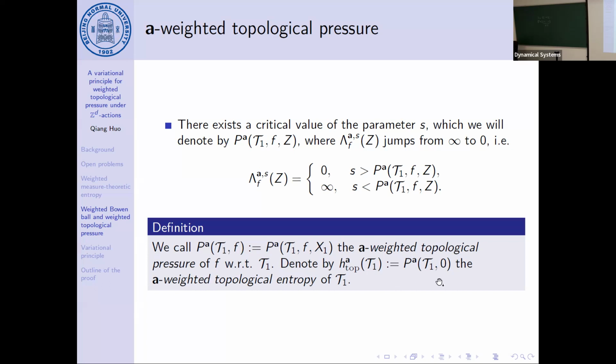As a special case, if F equals 0, it is denoted the weighted topological entropy. This is just pressure, but entropy has constant or zero potential.